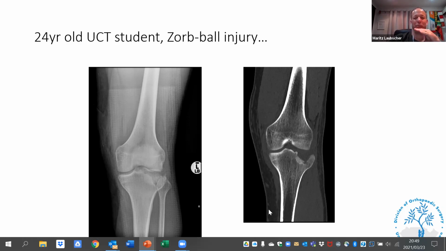And of course that's the perfect large lever arm, and someone hit him from the side, and on the video you can see that his leg was in about 60 degrees of valgus at the time of impact.